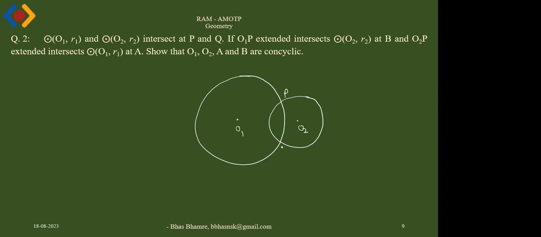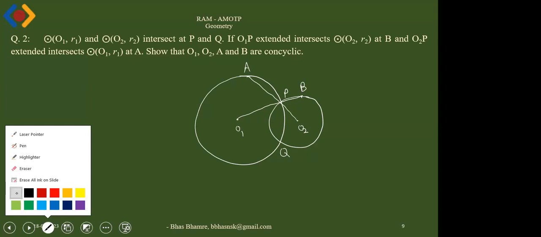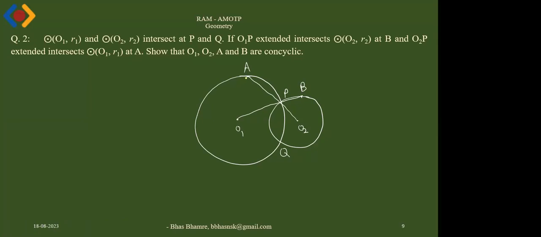This is P, this is Q. O1P intersects in B. O2P intersects in A. And now we need to show that the quadrilateral O1, O2, B, A is a cyclic quadrilateral.